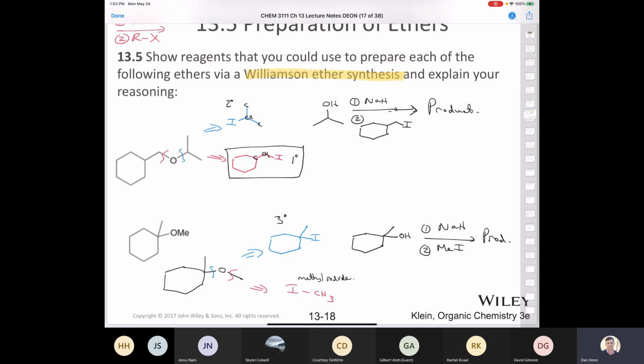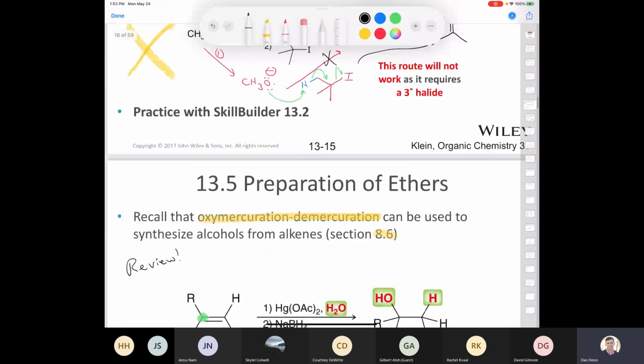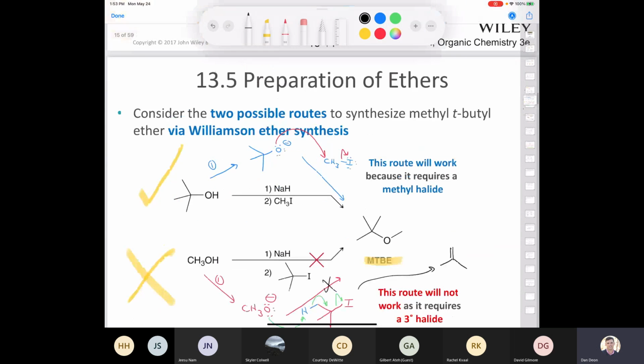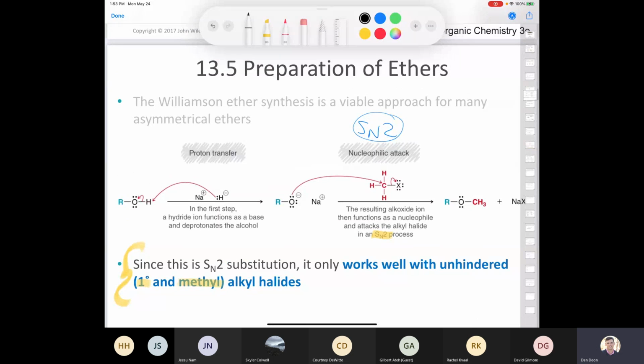So again, this is just a gentle reminder. I guarantee you that I'm going to ask you a question like this on the quiz. Or I'm going to say, which one of these is the viable way to produce this ether? And you have to know, if there's two possible routes, which one is the best one. So when you're looking at a Williamson ether synthesis, which is what's covered on this slide, it is only going to work well with what?